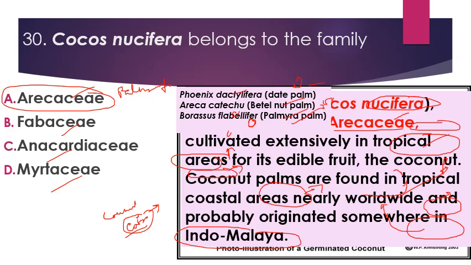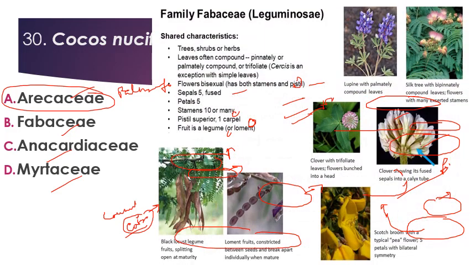Next family Fabaceae. So Fabaceae के कुछ यूनिक कैरेक्टर्स, इसे लेग्यूमिनोसी भी कहा जाता है. इसमें जो प्लांट्स होते हैं they may be trees, shrubs or herbs. Leaves compound होते हैं, pinnately compound, maybe palmately compound or trifoliate. Then Cercis is an exception with simple leaves. Then flowers are bisexual, having both stamens and pistils. Sepals 5 fused होते हैं, petals 5 होते हैं.